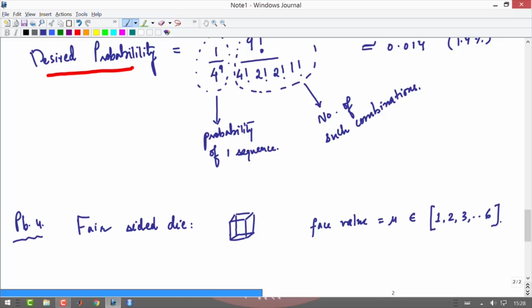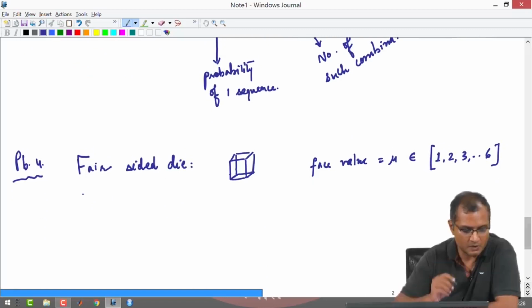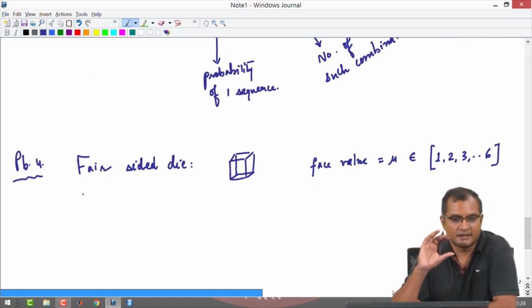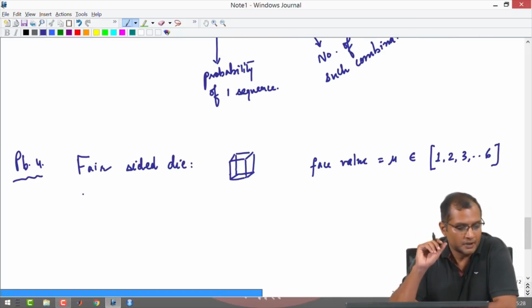Okay, and the question is, how many times must I toss this die such that the probability becomes 2/3 that at least 1 two will appear?